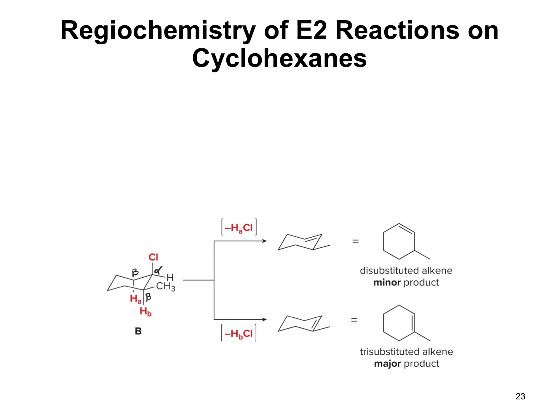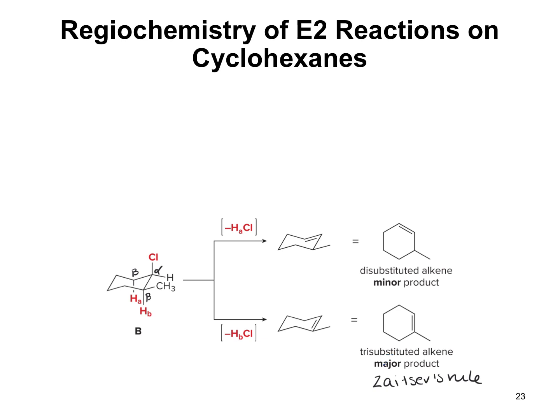In one of these, HA is removed to form this product, and in the other one, HB is removed to form this product. Now, the major product, or the one that we get the most when we do this reaction, is this tri-substituted alkene, right? And that's predicted by Zaitsev's rule.